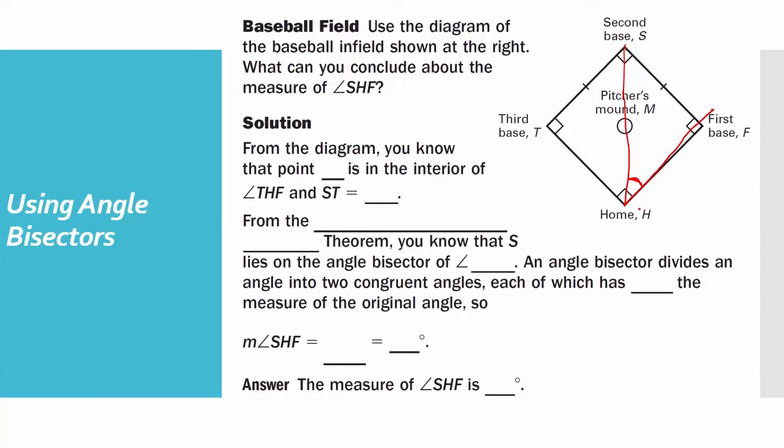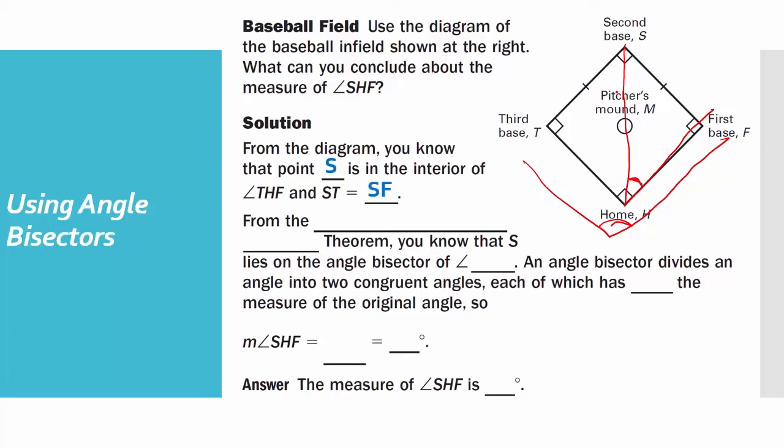So from the diagram, you know that point S is in the interior of angle THF. If I were to go from T to H to F, it's this angle over here, and point S is inside this angle. We are also given that ST is equal to SF.